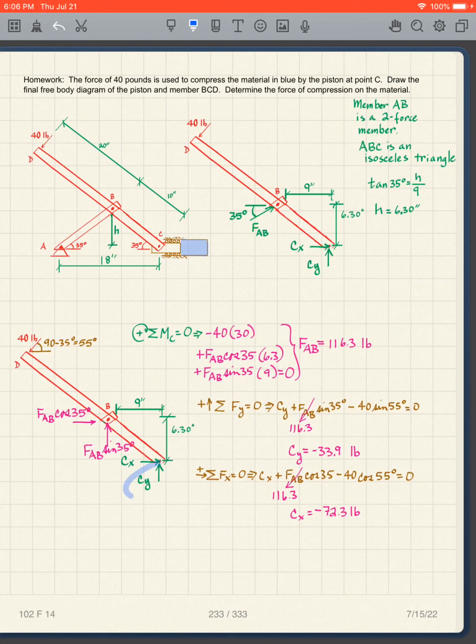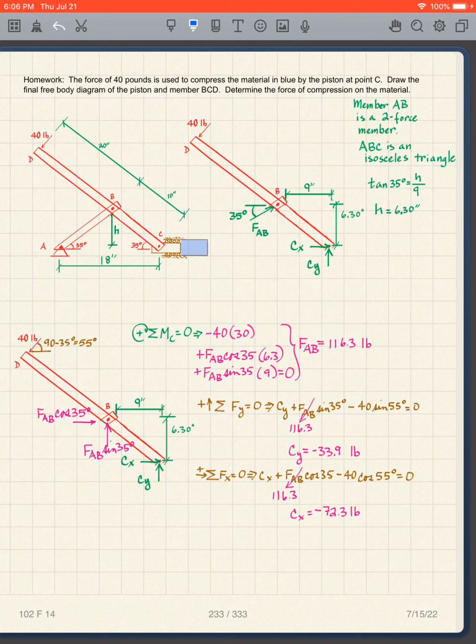So I've got the CY, and everything in the Y direction is this. Now I have to break FAB into components. I have the angle here, which is 55 degrees. Notice the angle with respect to the x-axis is going to be 90 minus this angle.